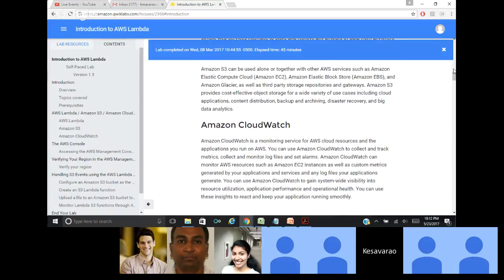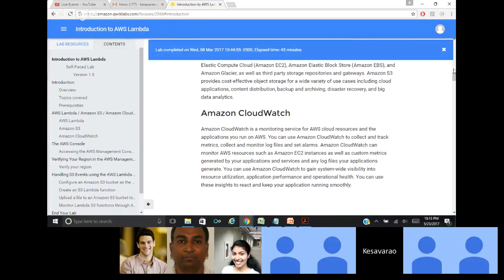Amazon CloudWatch is a monitoring service. It will keep watching and set alarms, so whenever a file comes to S3, that gives you a trigger and it will do the required function. Okay, that's how this exercise is.